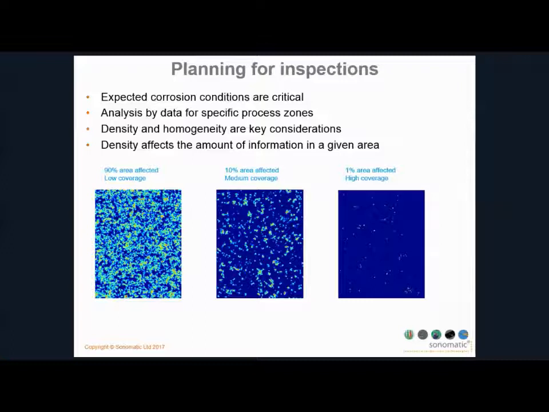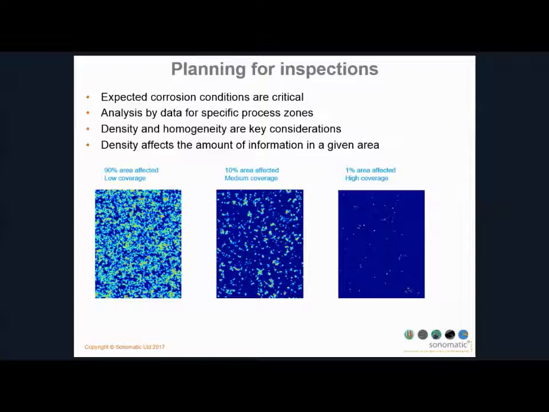It's also important to recognize that the analysis of data is for specific process zones, so you should restrict an analysis or a data set to a particular process zone, otherwise you're potentially mixing different distributions. So within each process zone, the density and homogeneity are key considerations. So density, really what we're talking about is how much of the area is affected by corrosion.